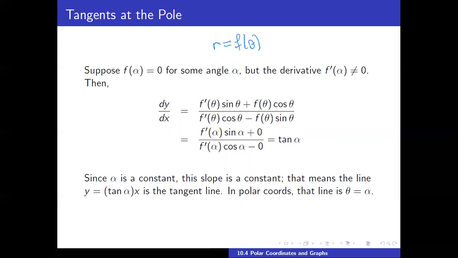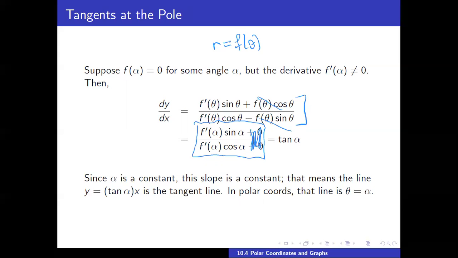Then this was the formula we came up with for dy dx. What that would mean is if I plugged in alpha, then these two things would drop out. Okay? And I would be left with just this. Do you see that? Okay? And what would cancel?